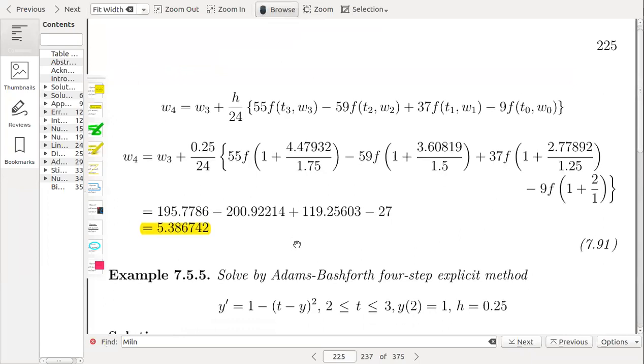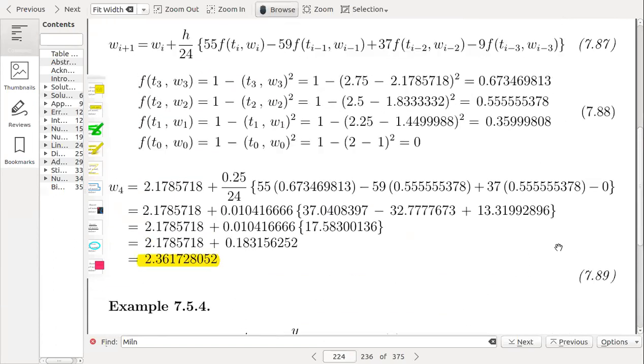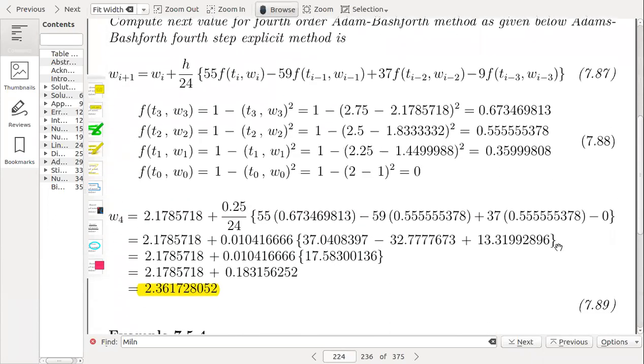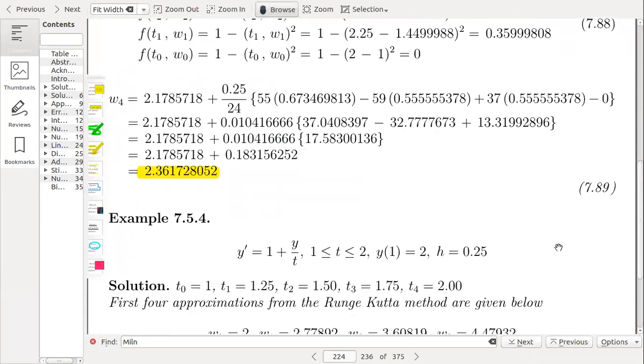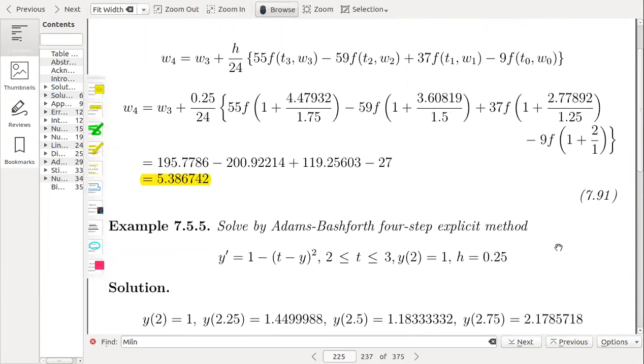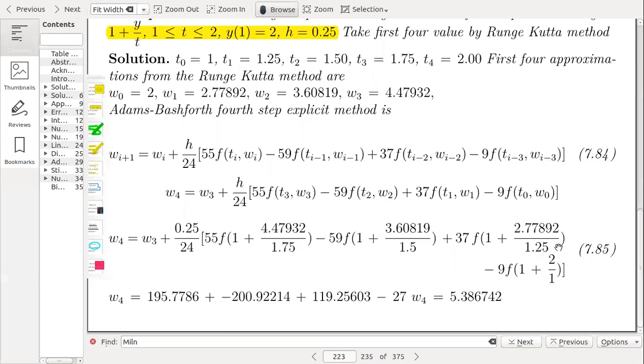There is a difference between this example and the previous example. What is the difference? t minus y whole square, and here is t minus y whole square, but y at 2.